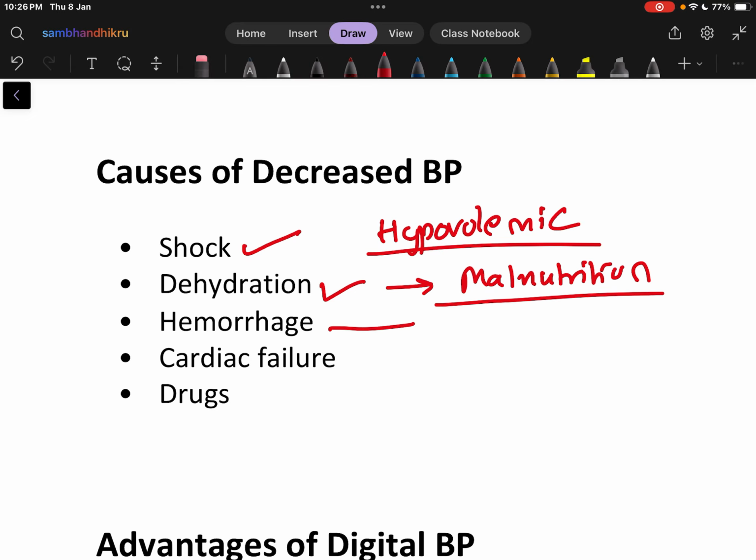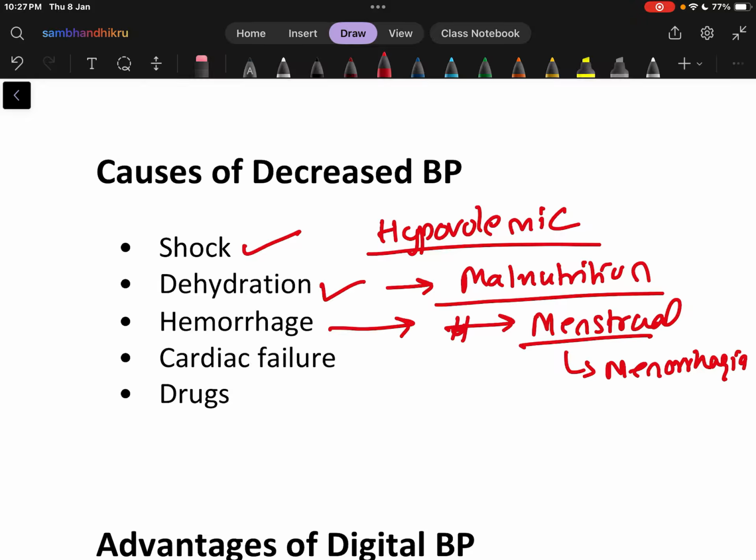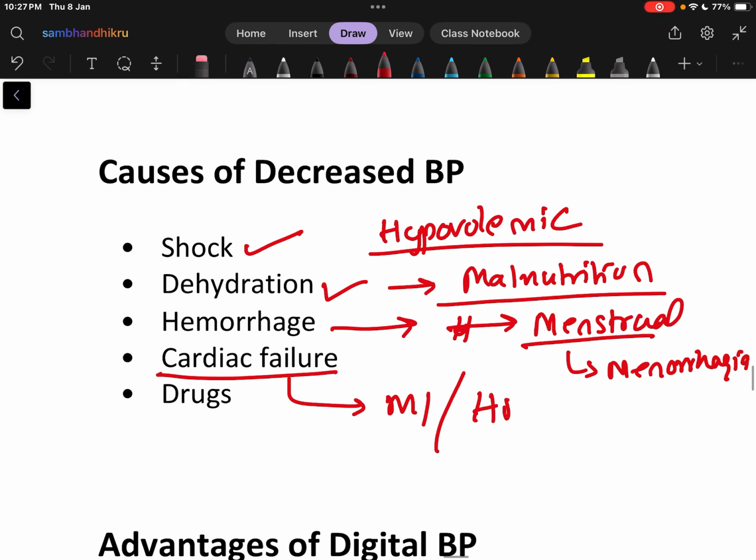Then hemorrhage, for example in menstrual cycle abnormalities like menorrhagia and polymenorrhagia. Then cardiac failure, MI, and heart failure, in which we can see decreased BP.